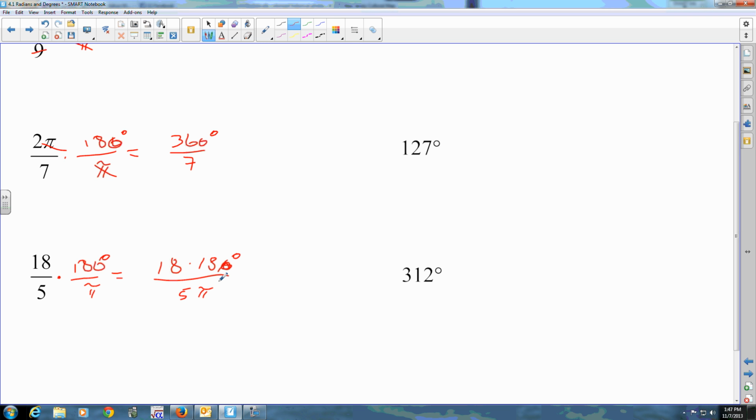And 18 times 180, not that we really need to do that for this, is kind of gross, degrees over 5 pi. Okay, my degree symbol's a bit big. I'll shrink it down for you. Okay, degrees. So you just leave it.